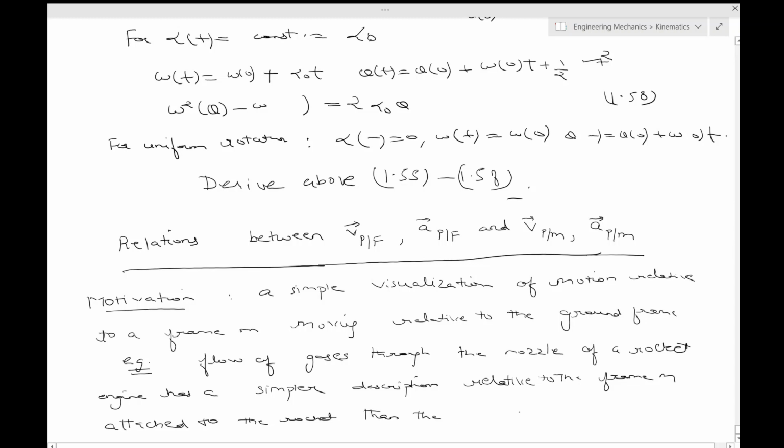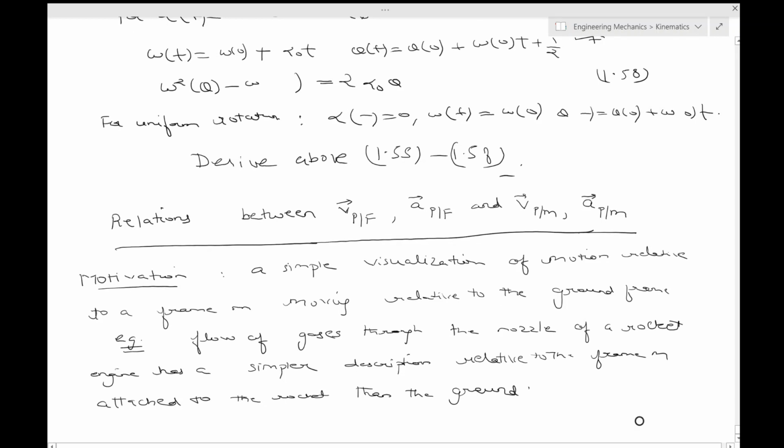Okay, because the rocket will move in slightly complicated trajectories, definitely not linear, but with respect to the frame of reference M attached to the rocket, it will always be moving away from the rocket. Okay, so that makes it quite simple.